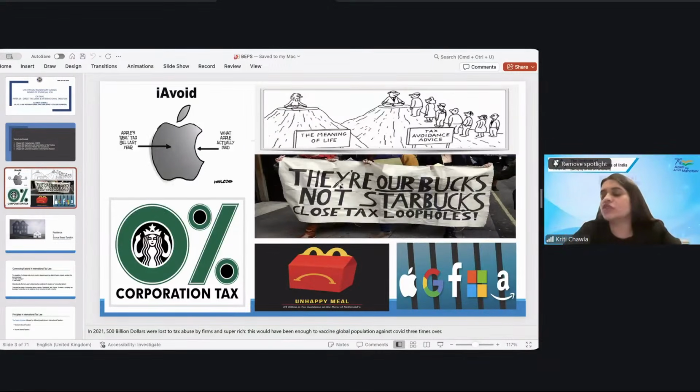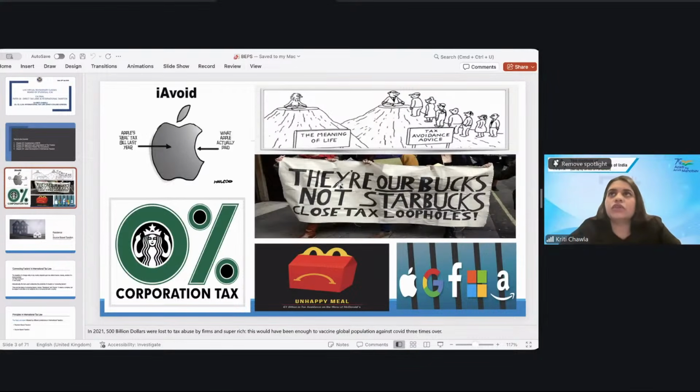If you look at this kind of picture, there are two things that might come to your mind. There could be something called tax avoidance, and then there could be something called tax evasion. Now, the motive of these two terms is minimizing the tax liability. The thing is that one does it in a legit manner and the other does it in a manner which is sort of illegal.